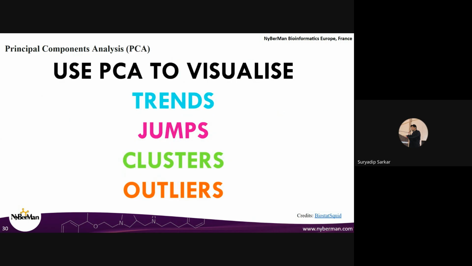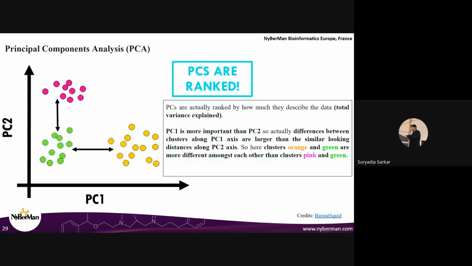So you can use PCA to visualize trends, jumps, clusters, and something that you have already covered during the RNA-seq part, that is to detect outliers in your data. Okay, so you can do all of this, and you can also use PCA to help do some feature engineering, which we'll see today.